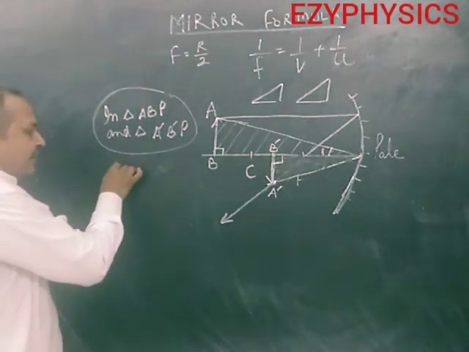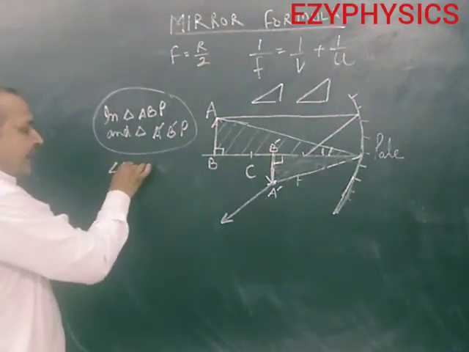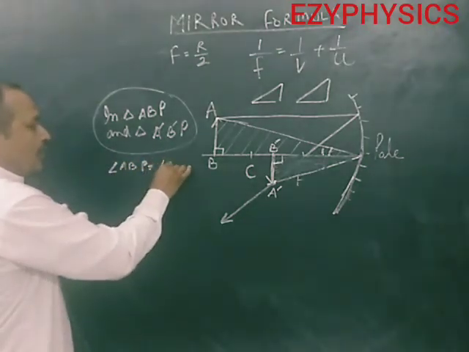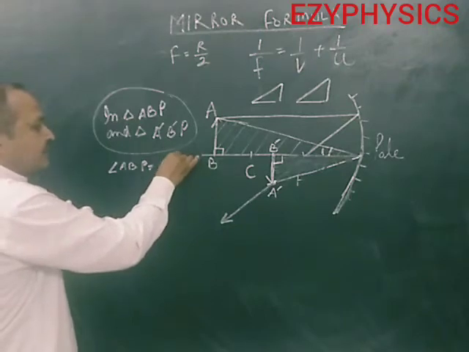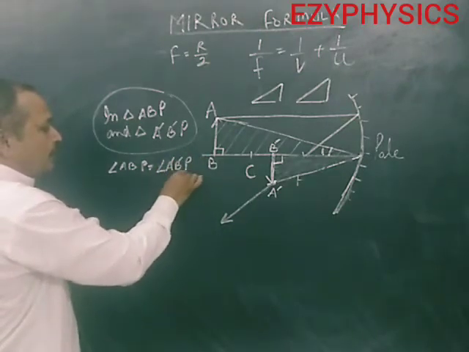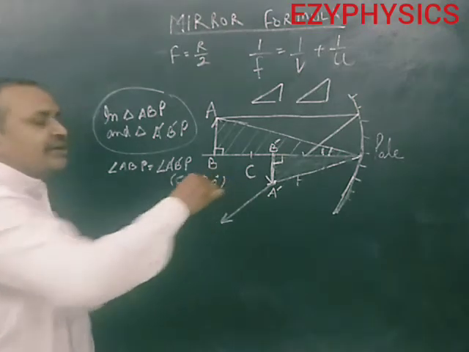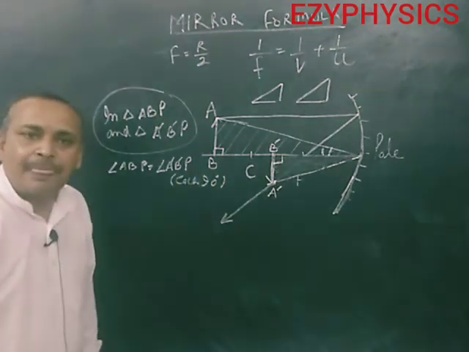So what I will write? Angle ABP is equal to angle A dash B dash P, and the reason is each 90 degrees.